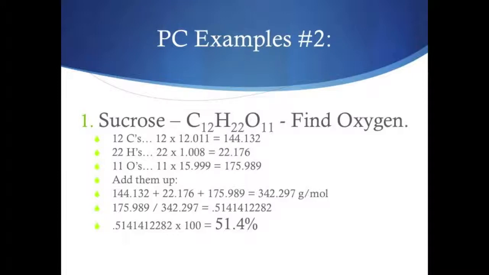Once you get that number, you need to take what you found oxygen to be, which is 175.989, and divide it by the total gram formula mass. You should come up with 0.51414122282. Then you take that number and you multiply it by 100, and you're going to come up with about 51.4%. And that's going to be the percent composition of oxygen in sucrose.